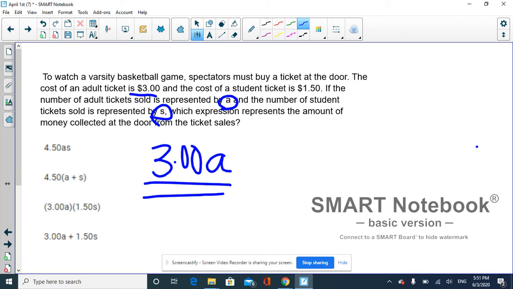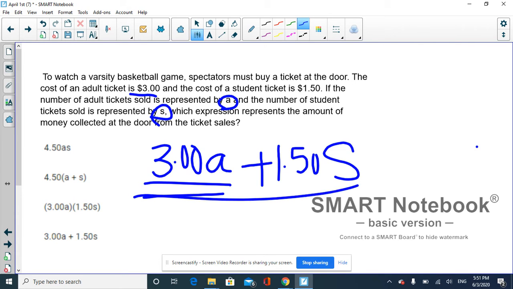Okay, for students, we have S number of tickets, and each one will cost 1.50. This is the cost. I think it's easy. $3 for each adult ticket and 1.50 for each student ticket. Where do you find this one? Yes, this one is here. Okay.